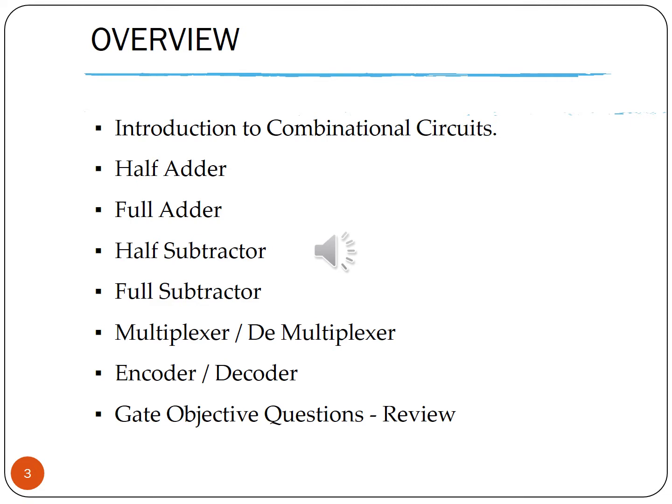The overview of the session: an introduction to combinational circuits, then the half adder circuit, full adder circuit, half subtractor and full subtractor circuits, multiplexers and demultiplexers, and encoder and decoder circuits, along with important questions asked in previous year GATE papers.